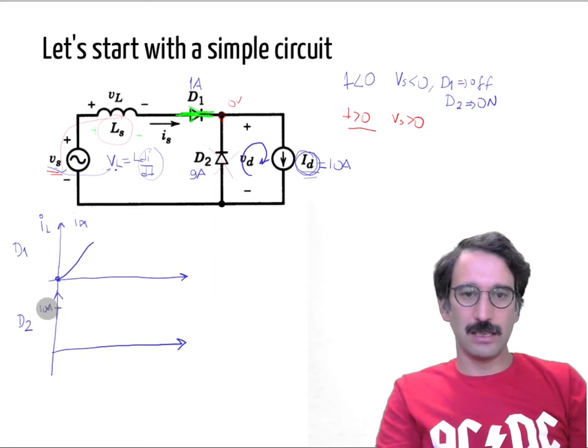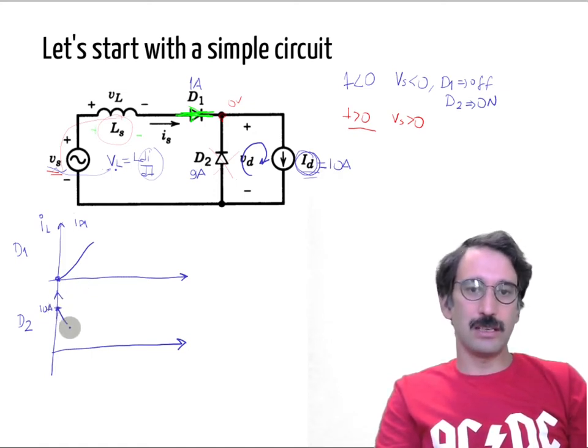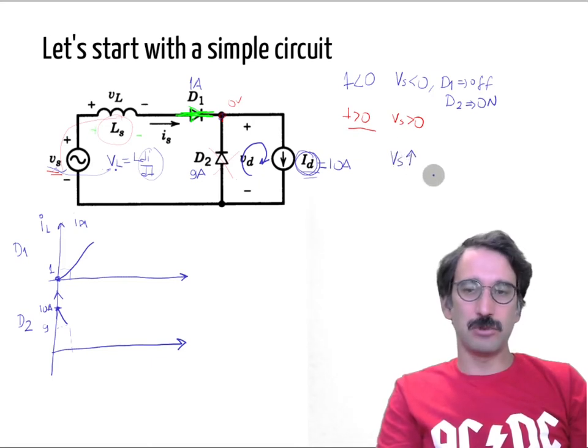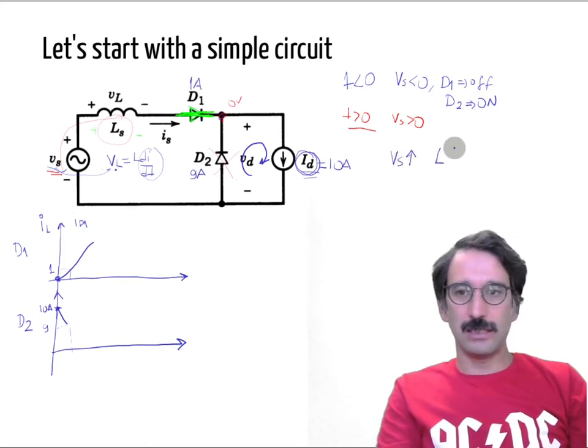D2 was starting with 10 amps, just at that instant it was carrying 10 amps ideally. Now it will start going down, and whenever, for example, D1 is 1 amp, D2 is 9 amps. As that voltage gets bigger, Vs is increasing in the positive cycle, and so does the L di over dt term.